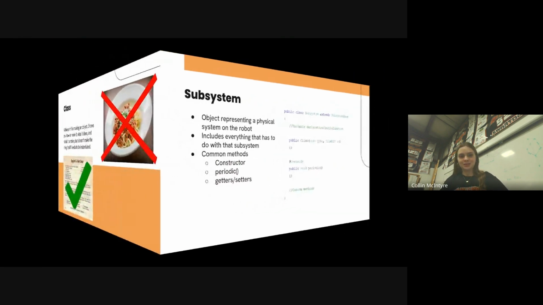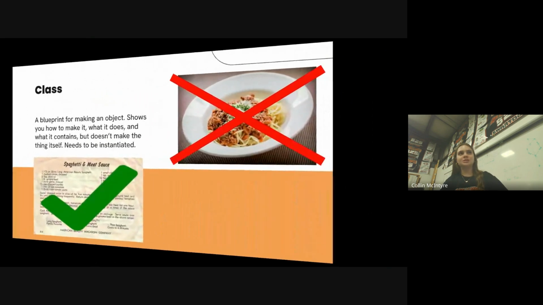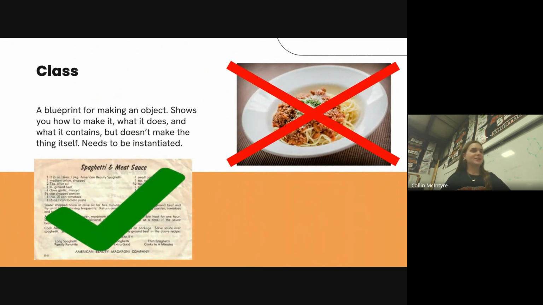So our next topic is, I believe, subsystems. Are we not going over objects? Objects. I'll just explain it verbally. Okay. So something that we don't have a slide for, but something that goes hand in hand with classes that we just kind of mentioned, are objects. So objects are the thing that is actually created from a class, like it would be the spaghetti from the recipe.